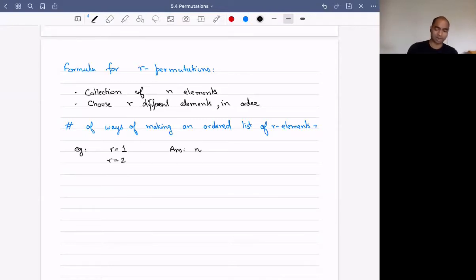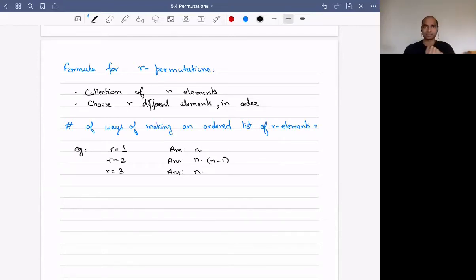Now suppose I make 2 choices. Then the first element I can pick in N ways because I can pick any of them. Now the second element cannot be the first element. So now I have one less choice for picking the second element, and so I'll get N times N minus 1. Let's go to 3. Now the first element can be any of the N elements.